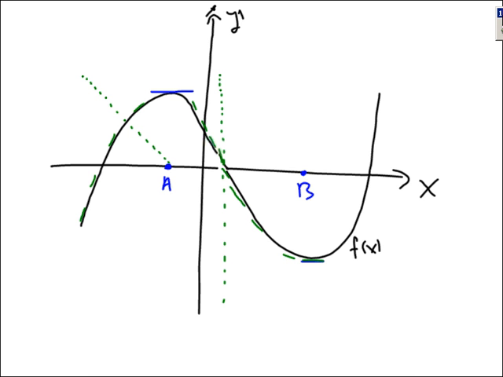From A to B, the slopes were always negative. But they start getting more negative, and then they start getting less negative, and eventually 0. And to the right of B, positive, more positive, more positive, more positive, goes like that.